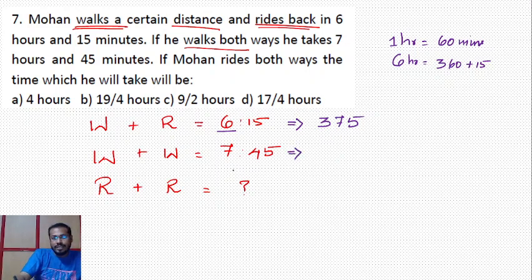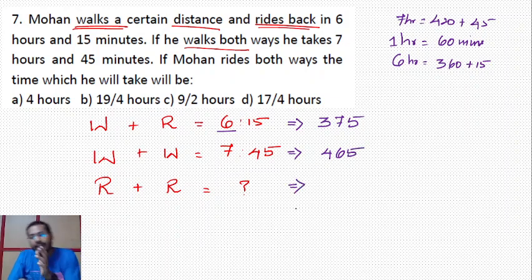Similarly, 1 hour is 60 minutes, so 7 hours is what? 7 into 6, 42, so 420 minutes plus 45 minutes, so 465 minutes it takes. So how much time does it take for riding?